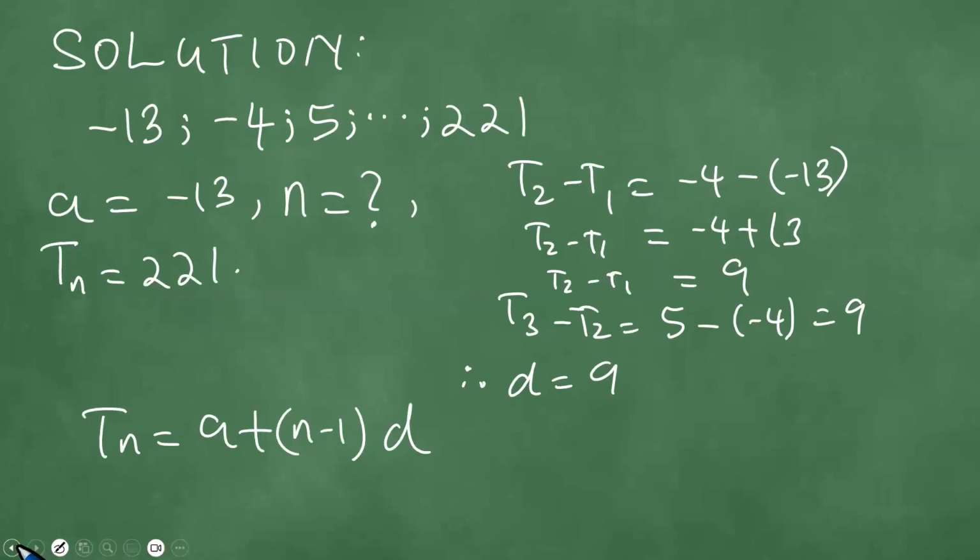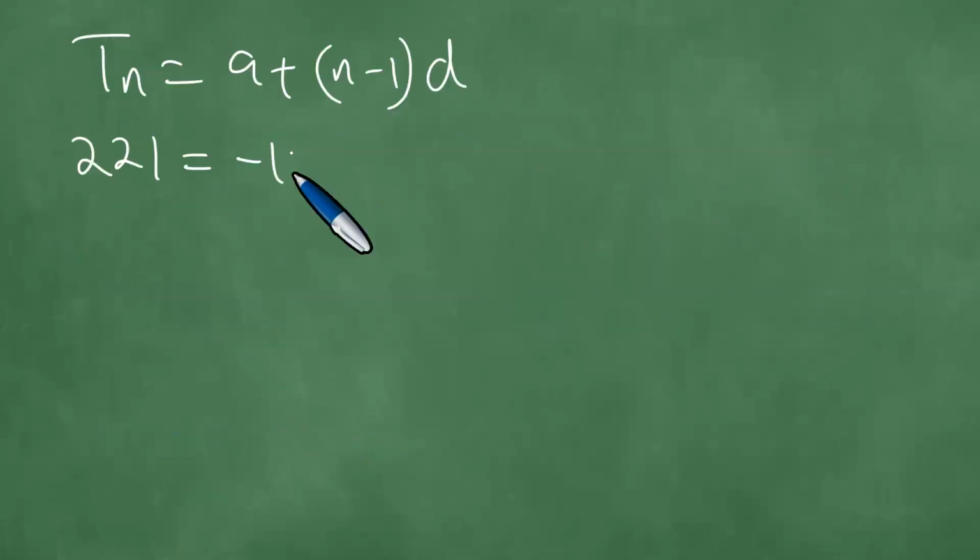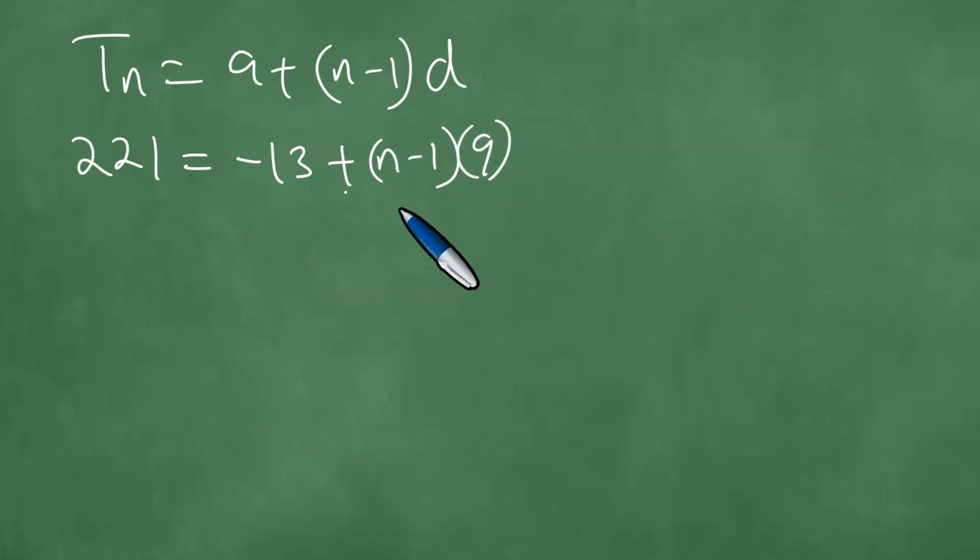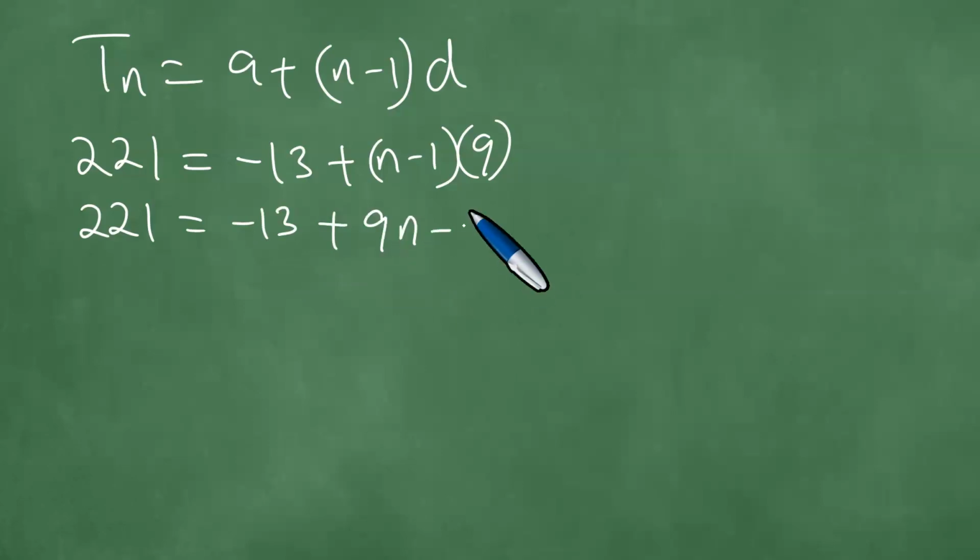We have seen that the first term is minus 13. Okay. And then we have n minus 1. I agree that you have some fair understanding of these. You have the common difference, and we have seen that the common difference is actually 9. We need to solve for n here, which means 221 is equal to minus 13 plus 9n minus 9.